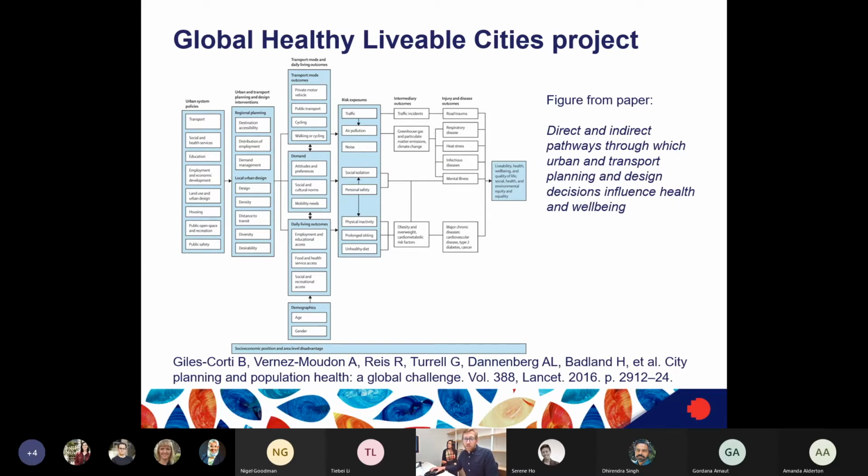So the rationale for the Global Healthy Liveable Cities project was to undertake policy and spatial analysis surveys to determine the degree to which these interventions are being supported by policy in cities in diverse contexts globally, and the degree to which these are being achieved, measured in terms of both the within-city distribution of indicators and between-city comparisons.